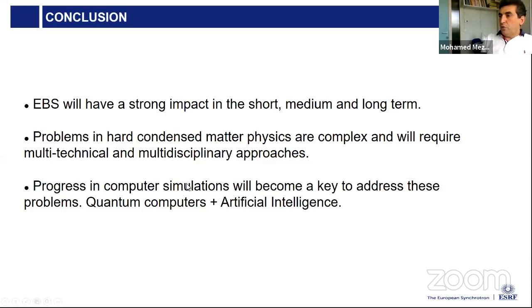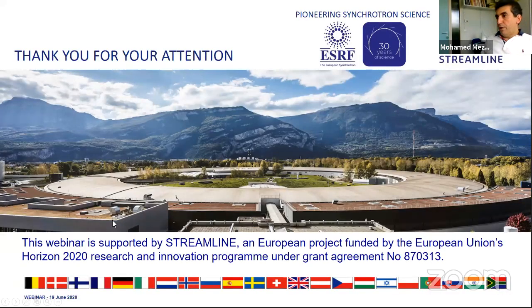And this will also go in parallel certainly to the progress that we could make in computer simulation, in particular with the current developments of quantum computers and artificial intelligence that will probably help solving these really long-standing and important problems. And with that, I think I will thank you for your attention.